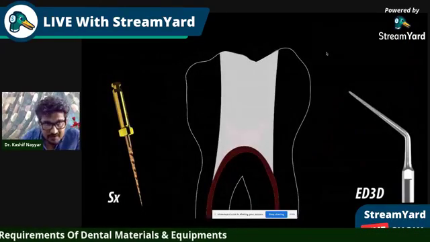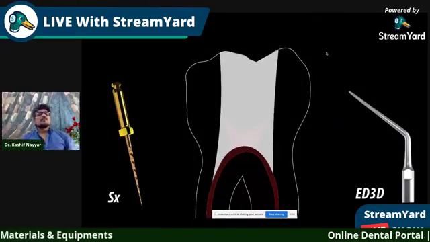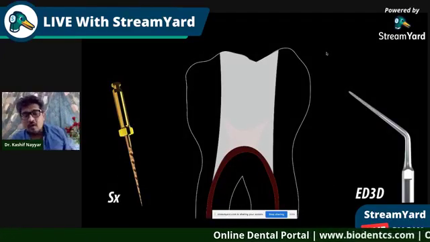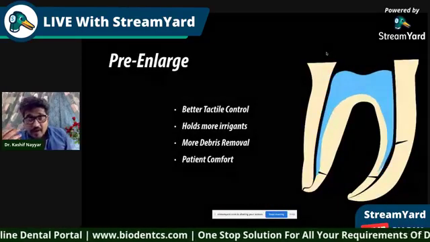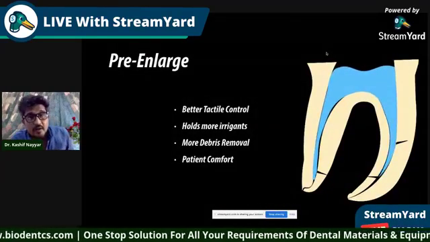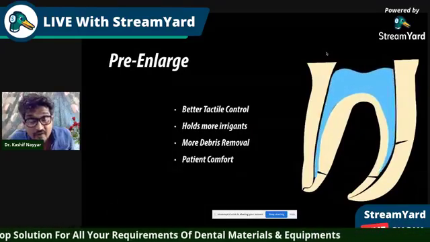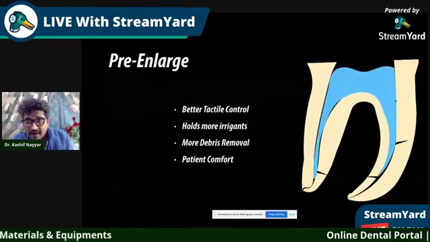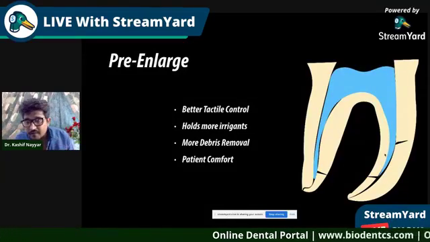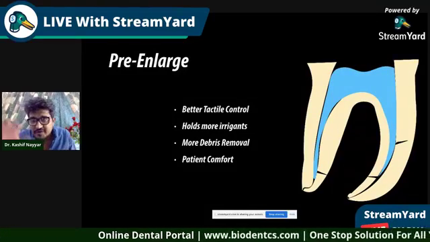Since we have already performed some of the access refinement in the beginning of this stage, there are some advantages of pre-enlargement. It gives us better tactile control. In the beginning, the file was binding a lot of dentine during the course of its travel to the apex.